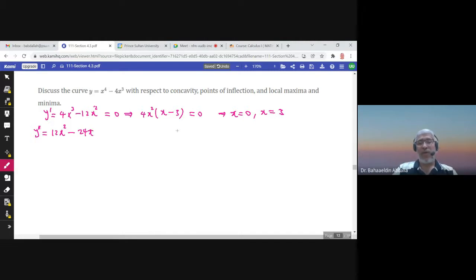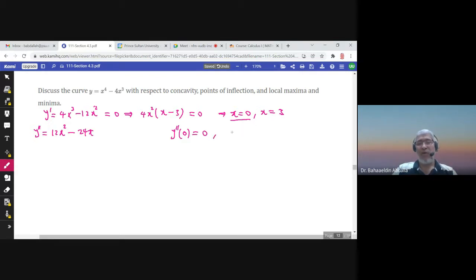Now, if I find y double prime at 0, I get 0. So y double prime does not tell me anything about what happens when x is 0. I need to use the first derivative test.